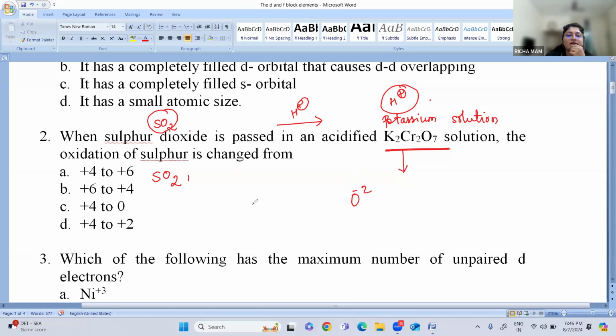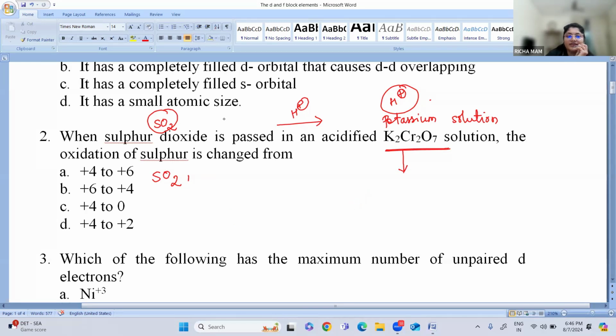Here there are 2 oxygens, so this will be -4 and the charge on sulfur will be +4. So in sulfur dioxide, the charge is +4. So it is getting oxidized. If we see the reaction, let me write how it reacts.